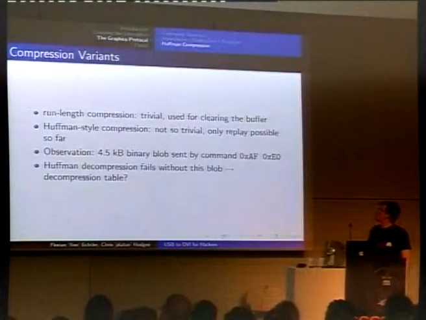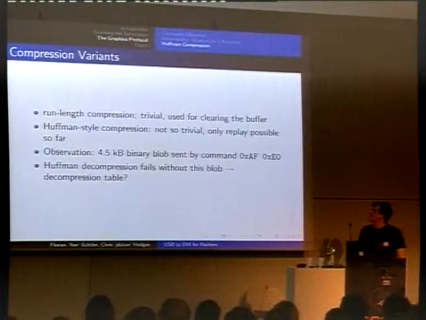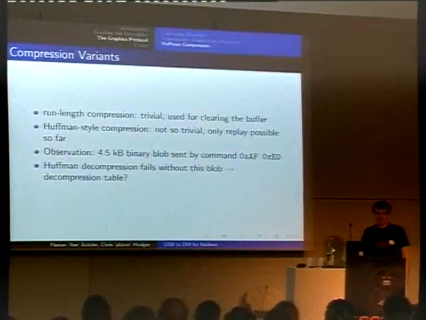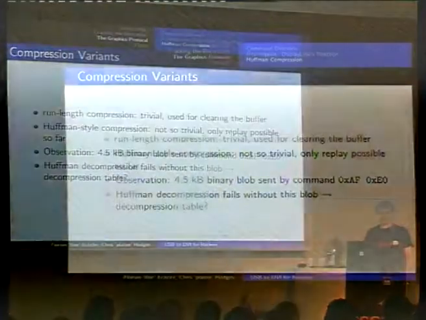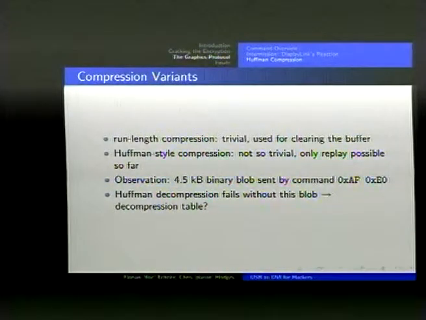I already mentioned the run length compression. The Huffman compression, like something gzip uses, is of course much more efficient for picture data. The run length compression might actually work quite well for things like desktop images or just user interfaces. But as soon as you get pictures or video, the Huffman compression is of course much more efficient.